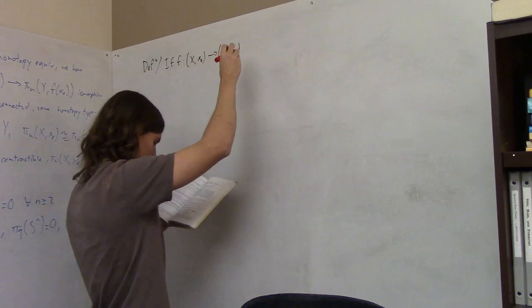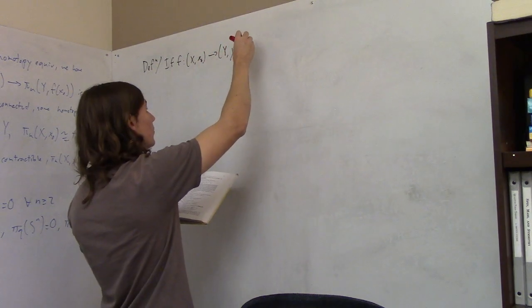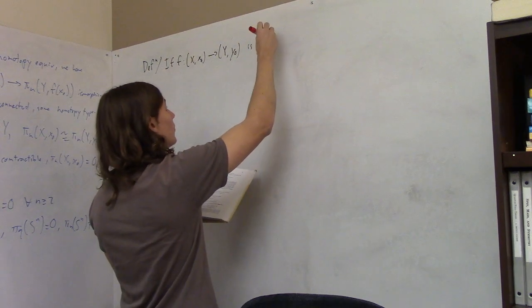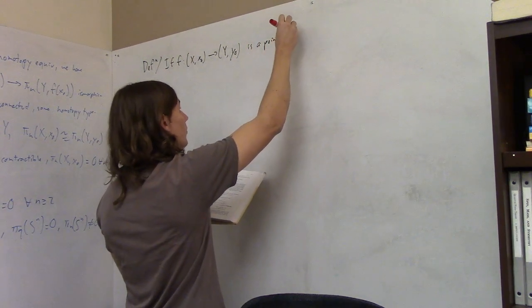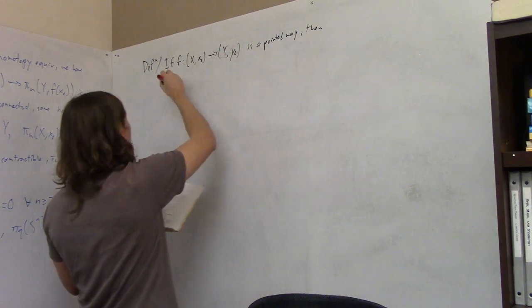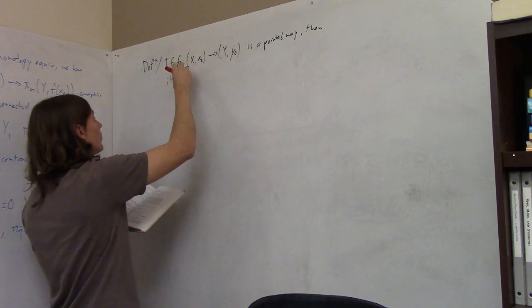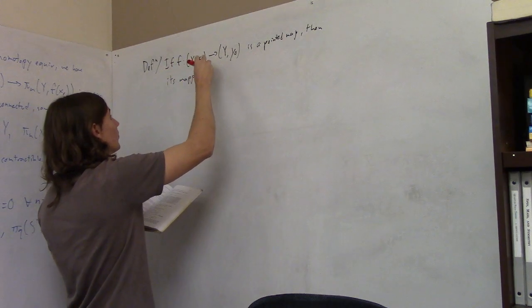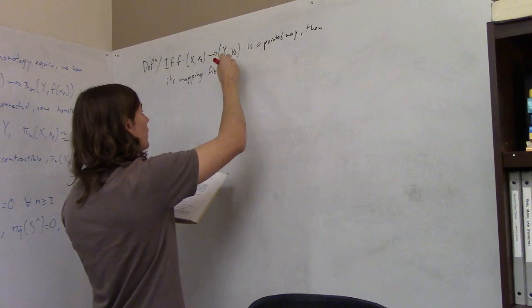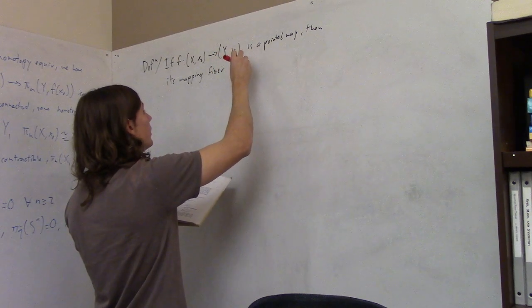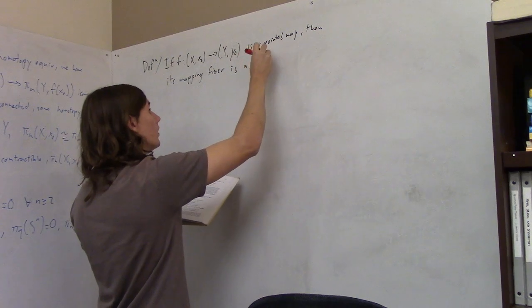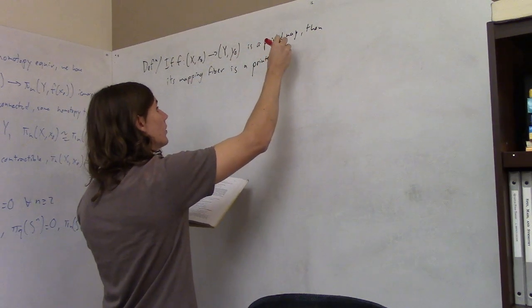These are just in sets. This mapping fiber is a space associated with the mapping.